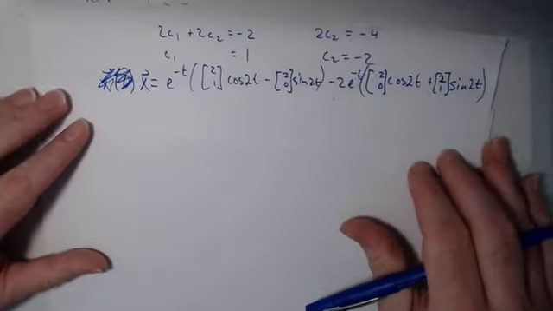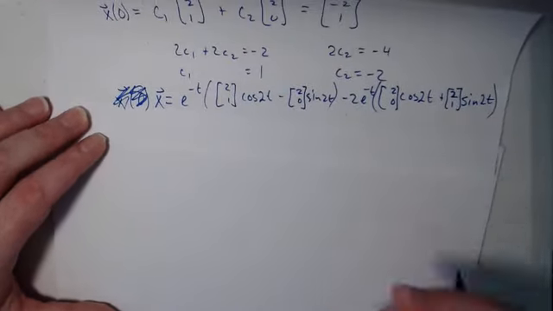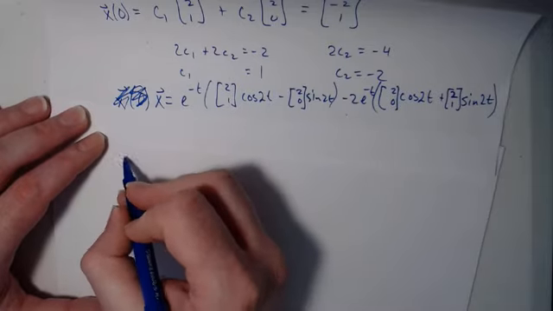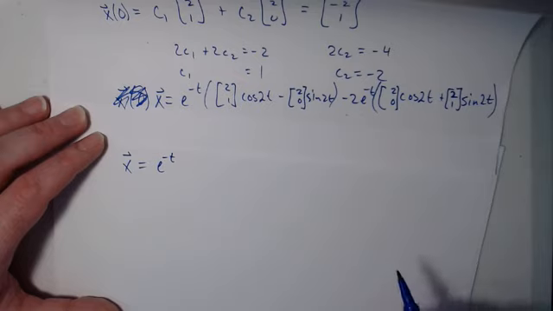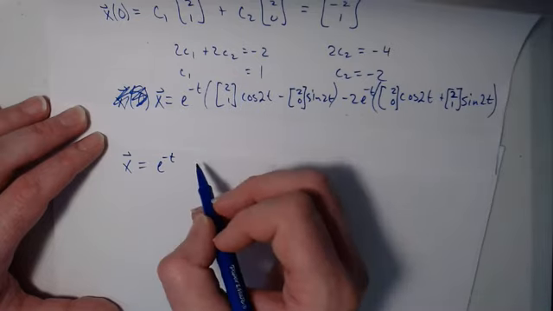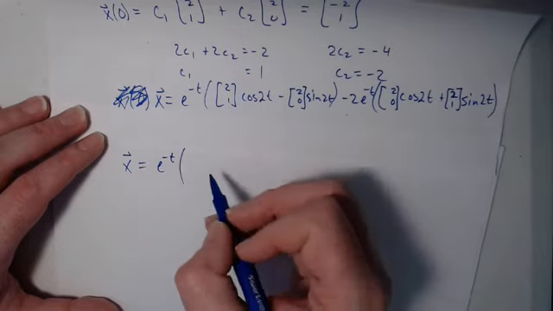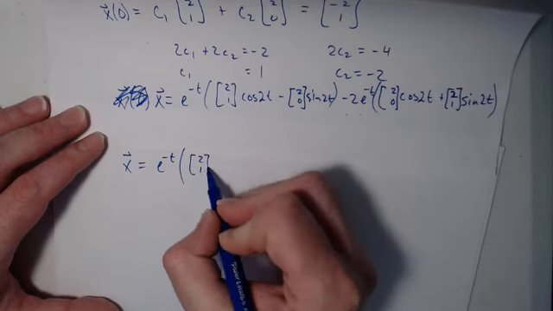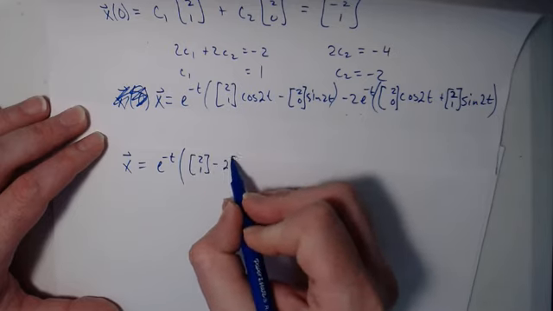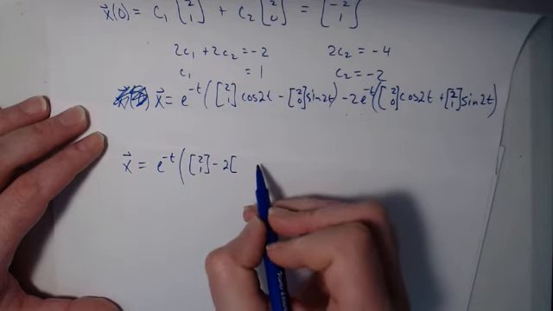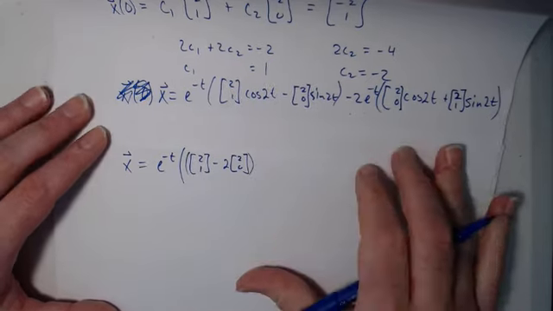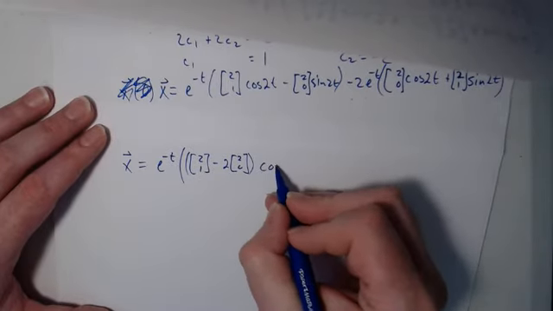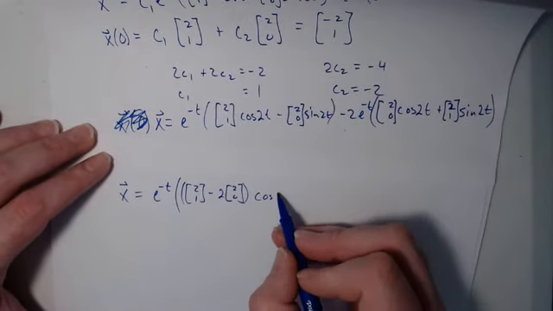Which can be simplified, so let's do that. Everything's got an e to the -t here, so x equals e to the -t, and then let's do our cosine. We have 2, 1 minus 2 times 2, 0, cosine 2t.